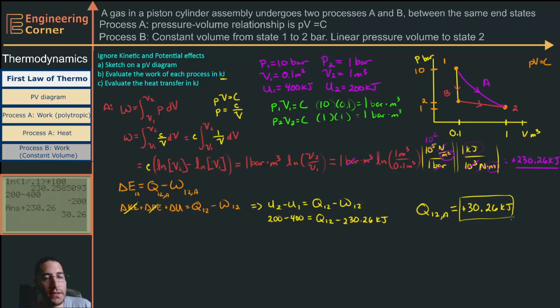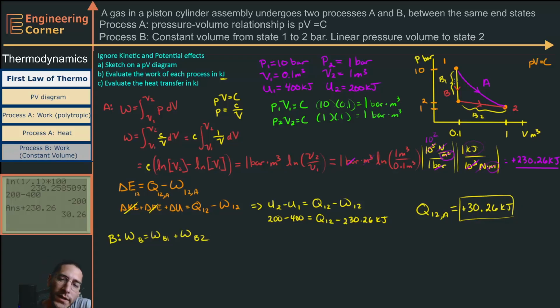So now let's look at process B. Process B first has this constant volume process. So right here we'll have B. The work of B, we're going to break up into each of these processes. So we'll call this right here B1, and right here, we'll call this B2. So the work of B is equal to the work of B1 plus the work of B2.